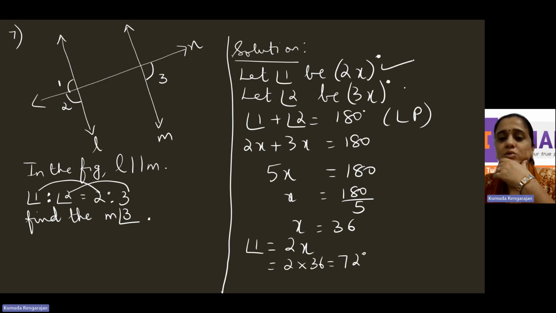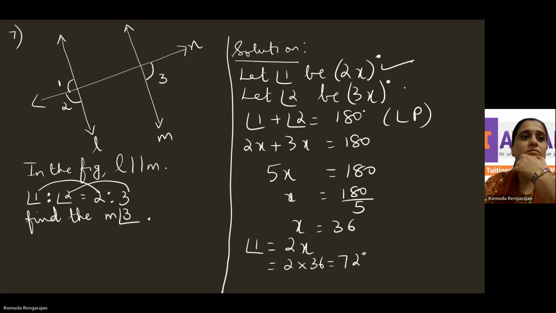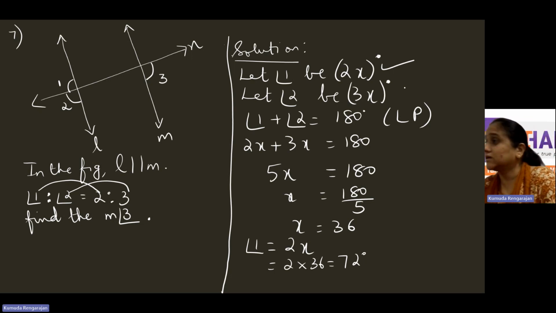Let angle 1 be equal to 2x degrees. Because x is 36, 2x will be 2 into 36. No, that's not given. 1 and 2 are in the ratio 2 is to 3. You can straight away find 3x, but you have to say why.